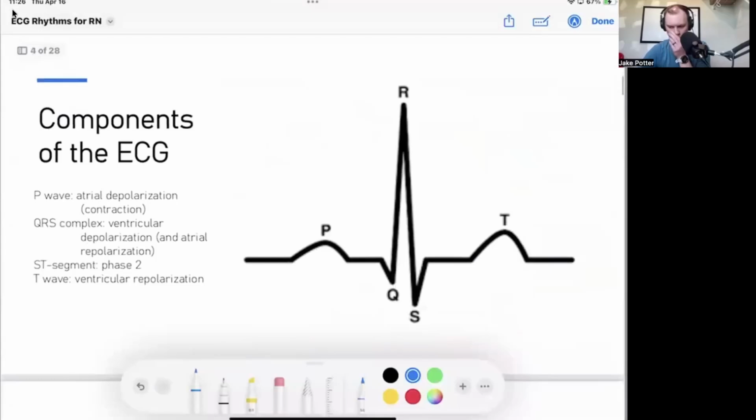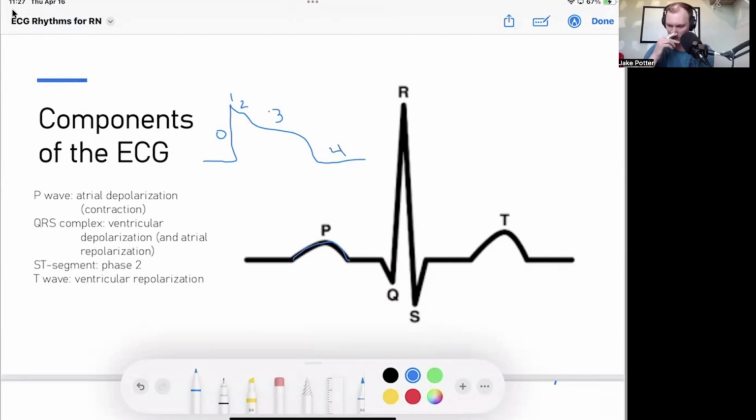All right. So some components of the ECG. This is just very, very basic. You have your P wave, which is right here, and this stands for atrial depolarization or contraction. Without getting too deep into the weeds, you have your action potential, which is how you generate electricity, with phase 0, phase 1, phase 2, 3, phase 4.